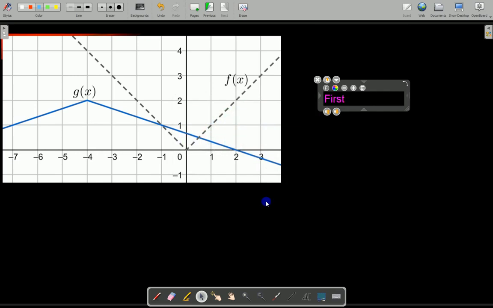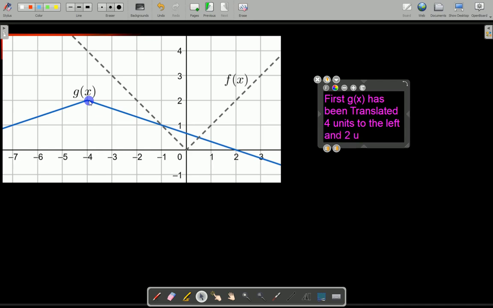I notice that g of x has been moved 4 to the left and up 2. So we say, the vocabulary word is translated. It has been translated 4 units to the left and 2 units up.